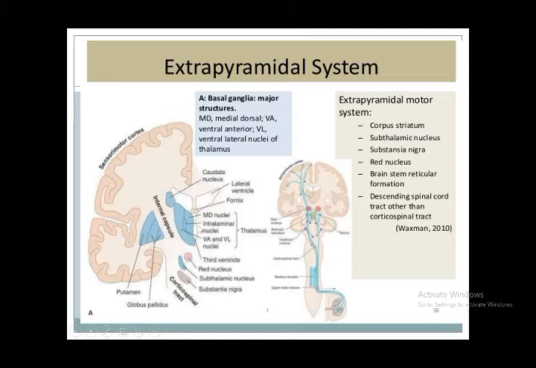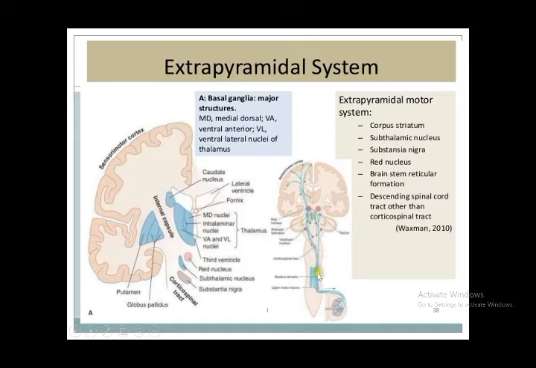So the extrapyramidal motor system includes the corpus striatum, subthalamic nucleus, substantia nigra, red nucleus, brainstem reticular formation, and descending spinal tracts other than the corticospinal tracts.